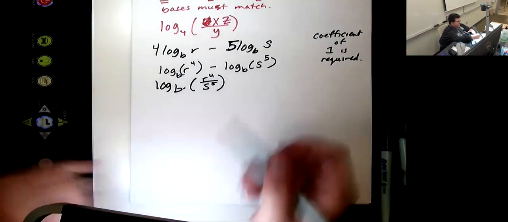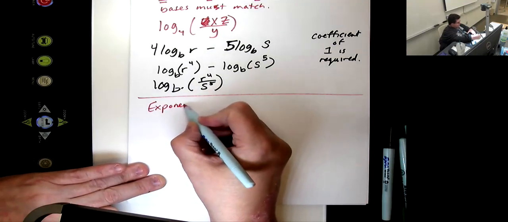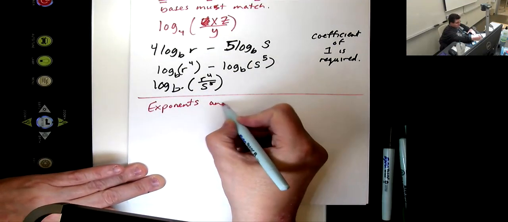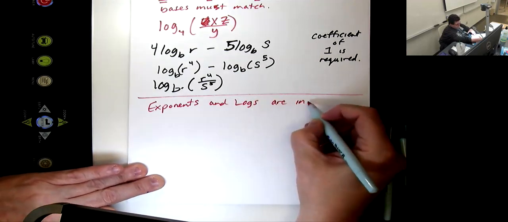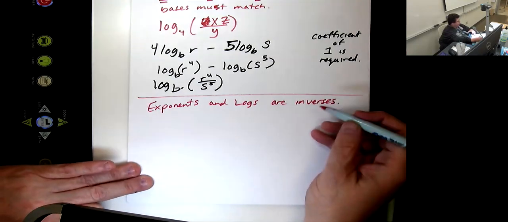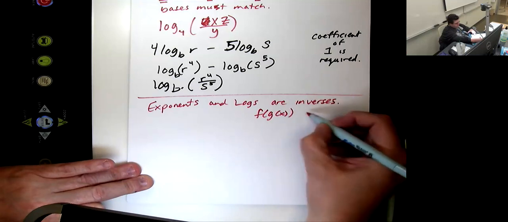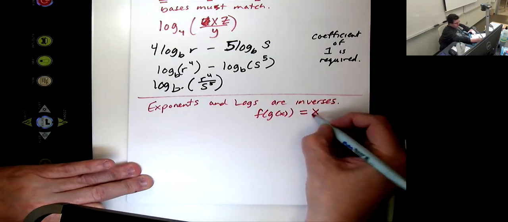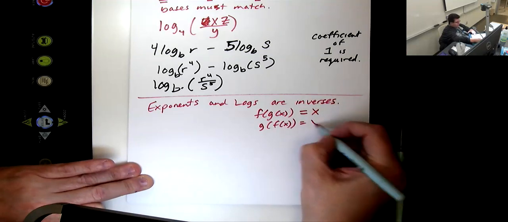All right, so important to note, exponents and logs are inverses. And recall the way we showed that: f of g of x equals x, or g of f of x equals x.